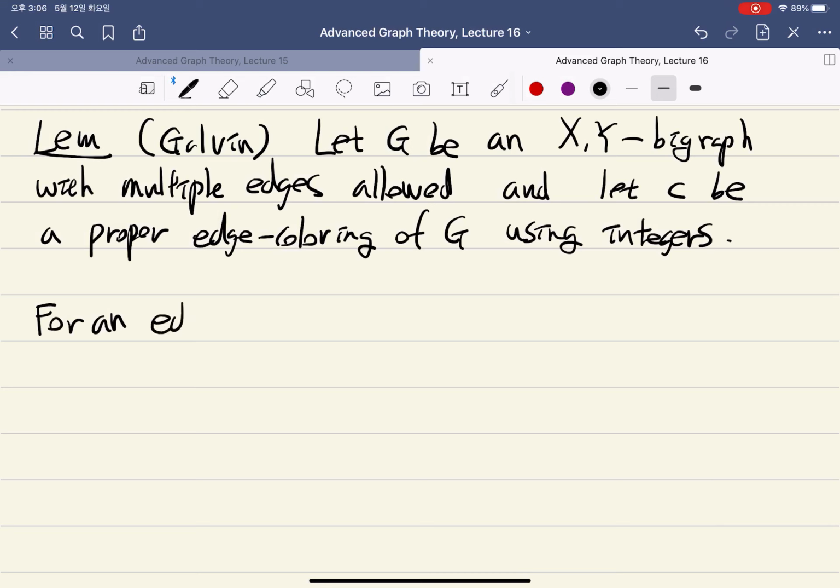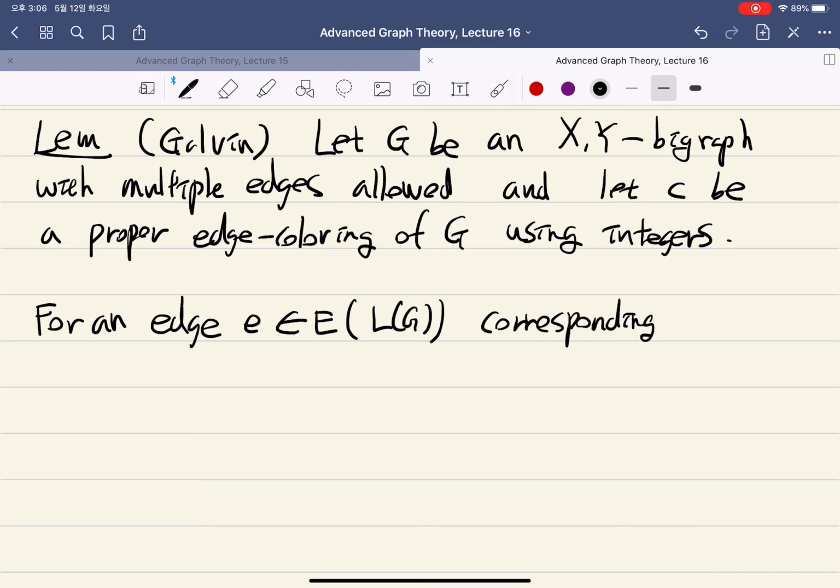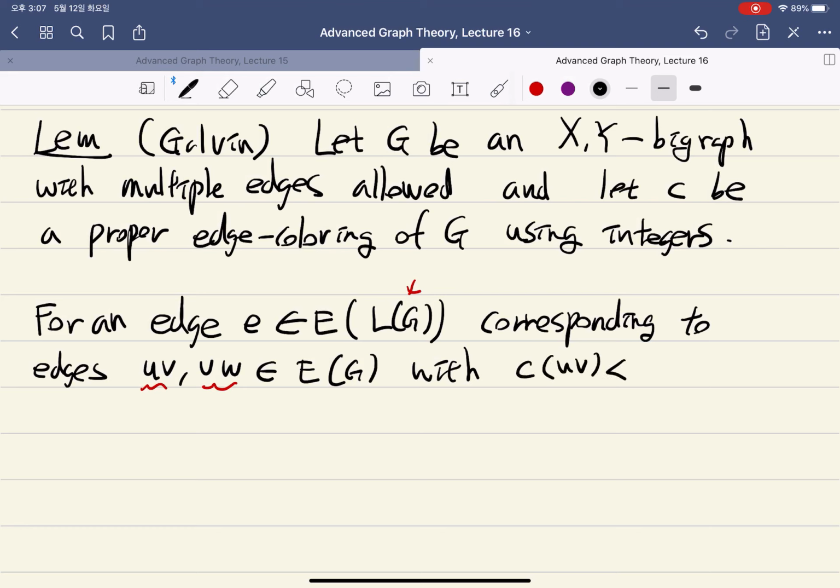For a vertex E in the line graph of G, which corresponds to edges UV and VW in G. So these two are edges of G, but vertices in the line graph, with its coloring.